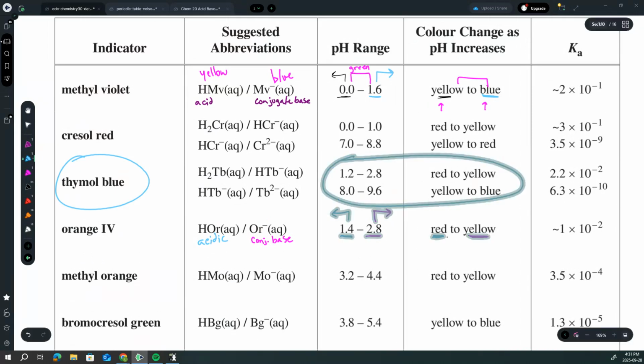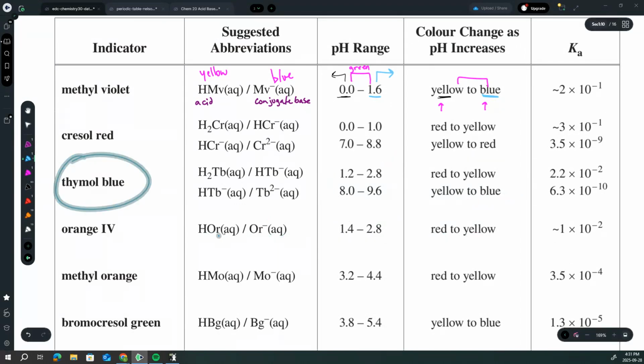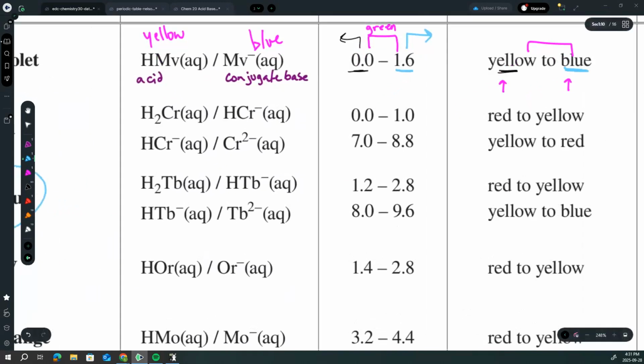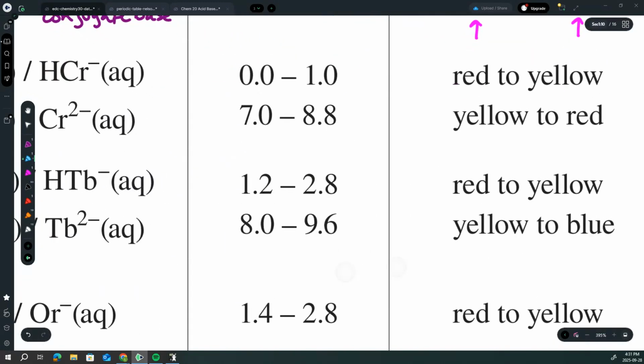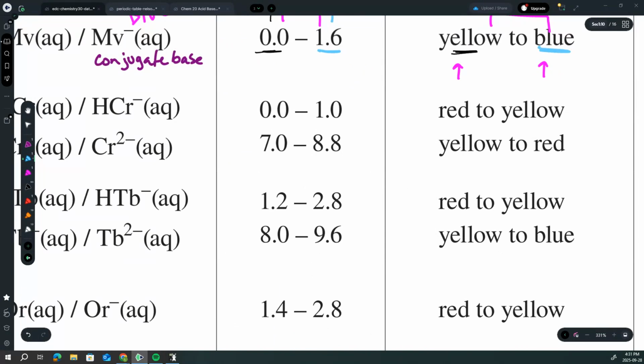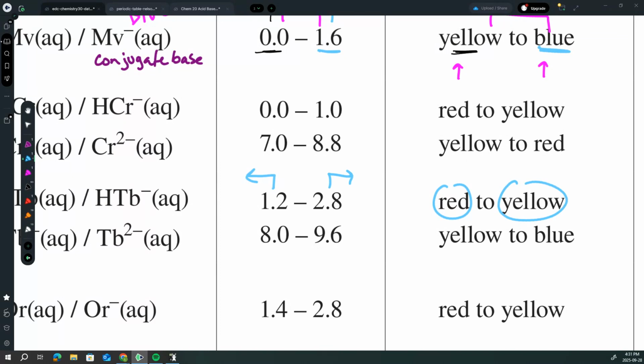So I'm going to get rid of this so that it's a little bit clearer, and then we'll figure this out. Okay, so to start off on the lower end of the pH scale, thymol blue is going to be red at 1.2 and below. It's going to be yellow at 2.8 and above.